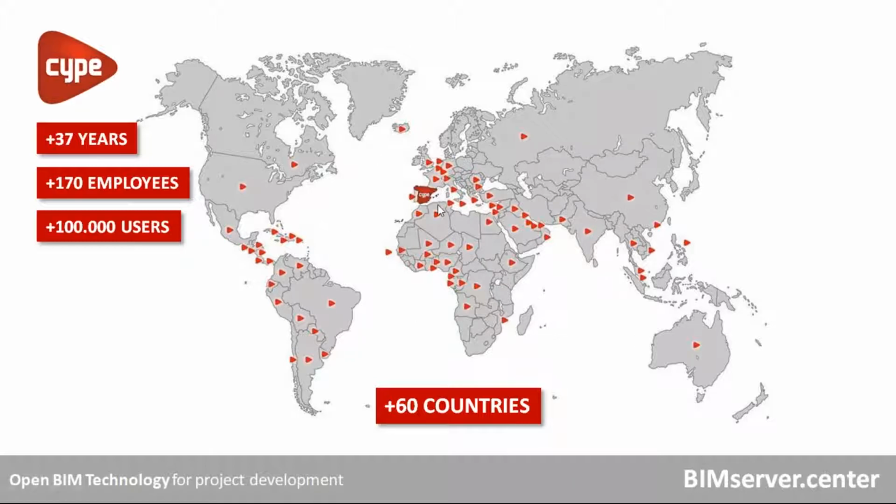We have a lot of customers in Spain, of course, in Italy, France, South America too, but also in parts of Africa and Europe. The only function of the company is to develop software for engineering and construction specialists.